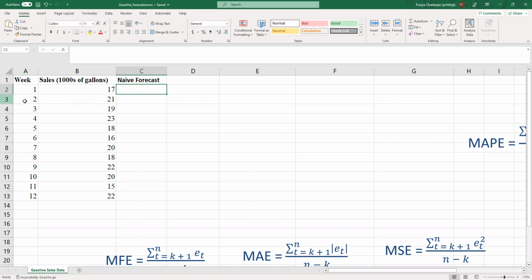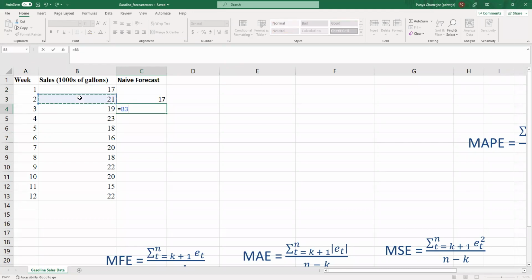However, for week 2, I do have data for week 1, and I'm going to say my forecast for week 2 is my sales for the past week, which is week 1. Similarly, my forecast for week 3 is going to be the sales for week 2.